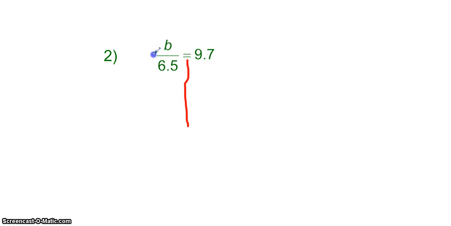So we're going to multiply both sides by 6.5. And we say we are multiplying by the reciprocal. So 6.5 over 1 times b over 6.5 equals 9.7 times 6.5.